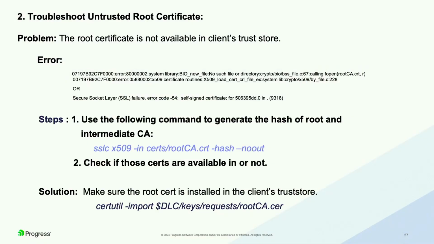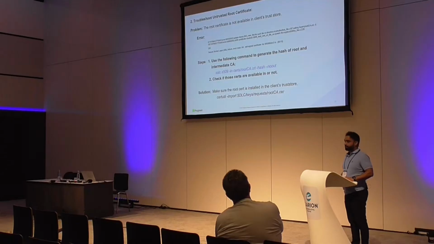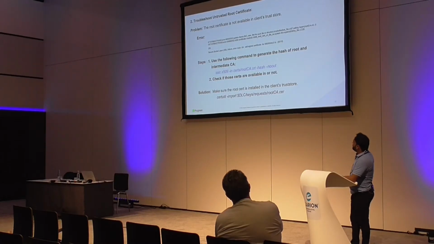Another use case is an untrusted root certificate. It means that the root CA certificate, which was required to validate some certificate, is missing. You will get an error like error code minus 54 that says that a particular .0 file is missing. For SSLC you will see the above error.